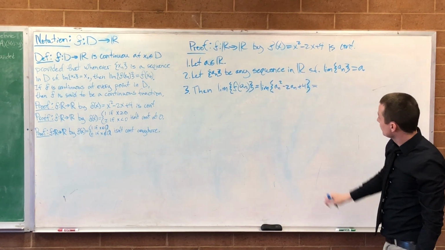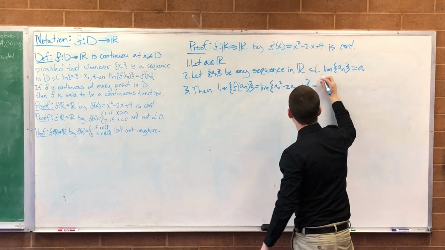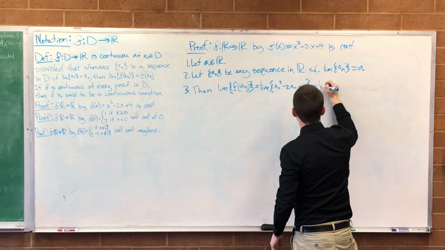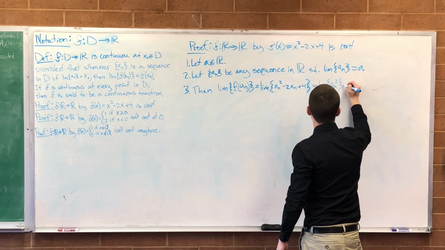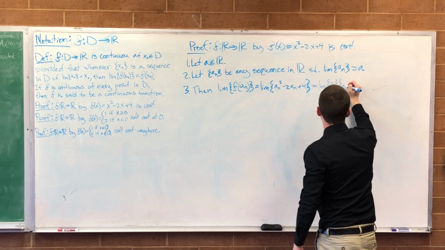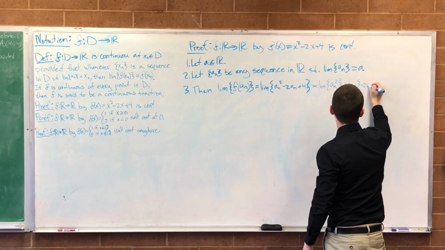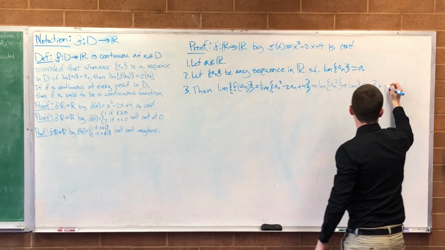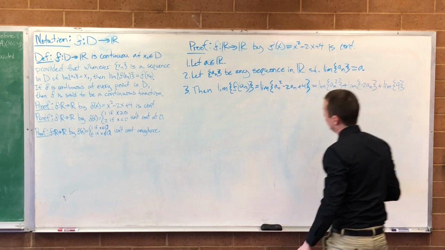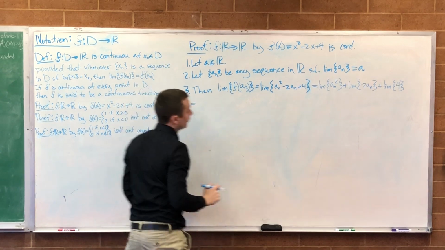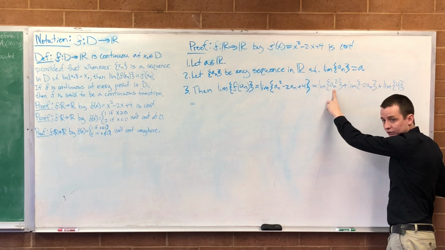We know that the limit of the sum or difference is just the sum or difference of the limits, so we can break this up into 3 separate limits. This is equal to the limit of a sub n squared, plus the limit of negative 2 a sub n, plus the limit of 4, and this is equal to, the limit of a product is the product of the limits.